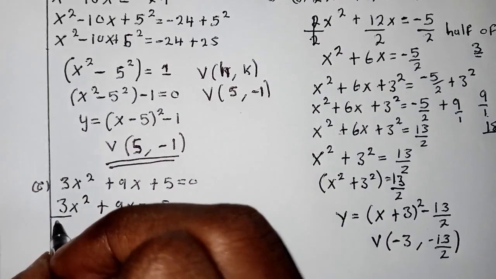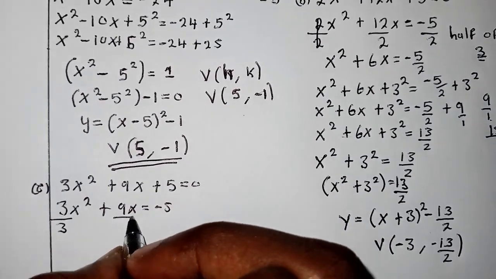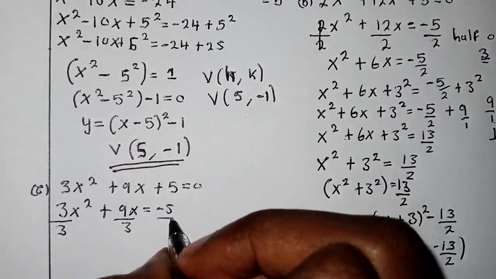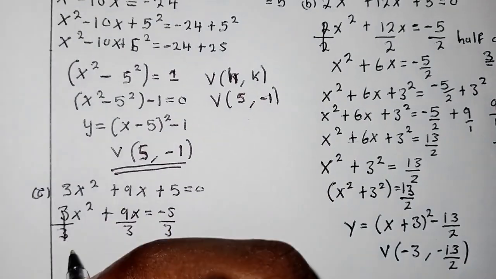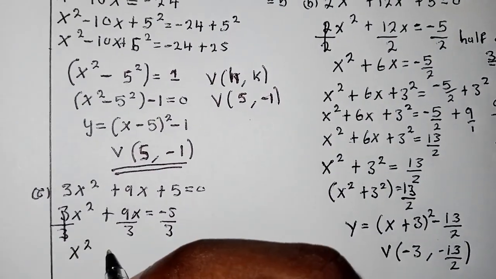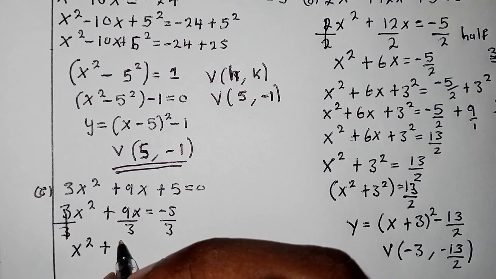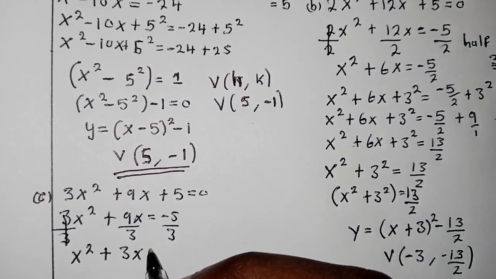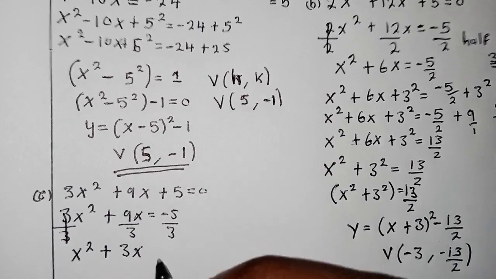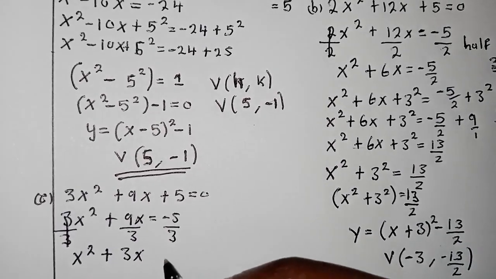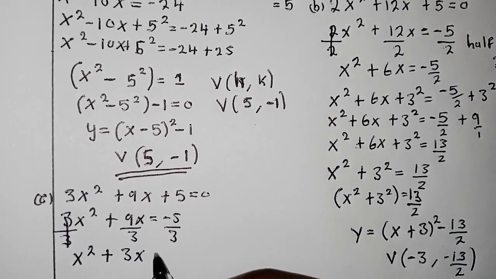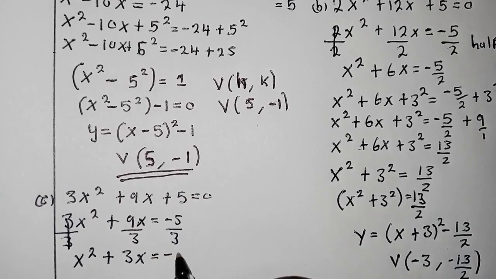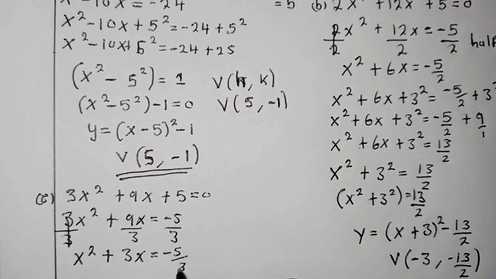We make the coefficient of x equal to 1. So of course, dividing everything by 3, then equal to negative 5 over 3.